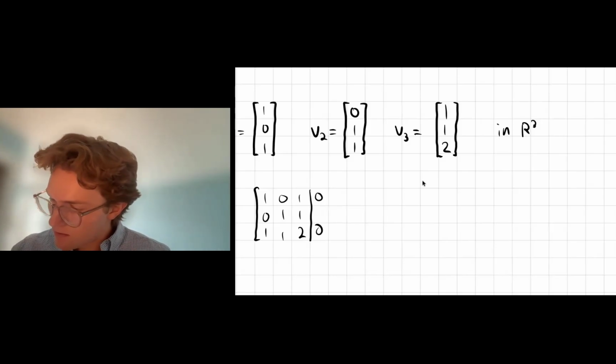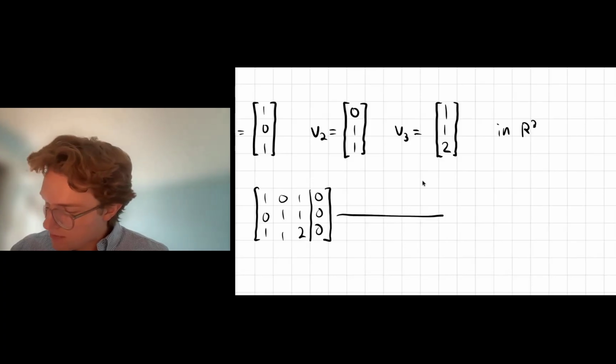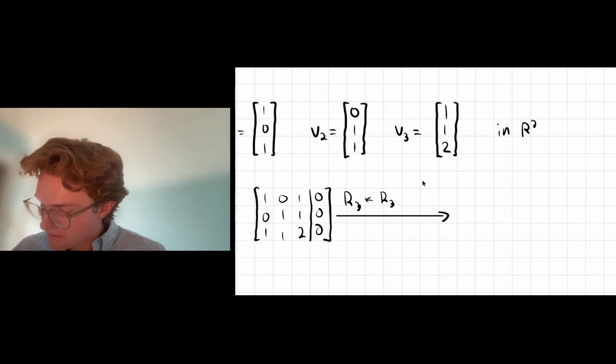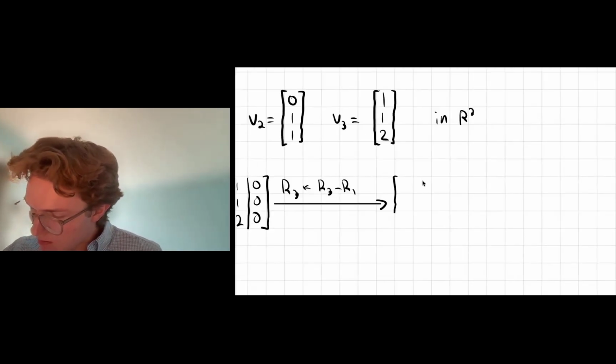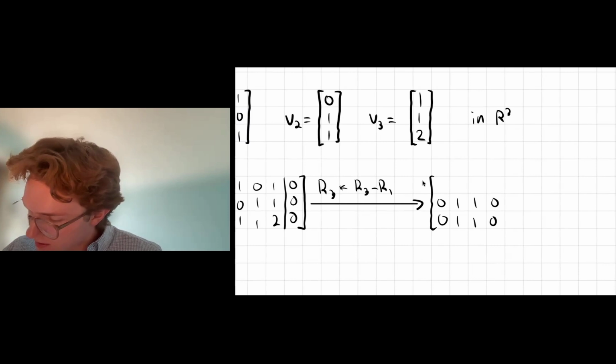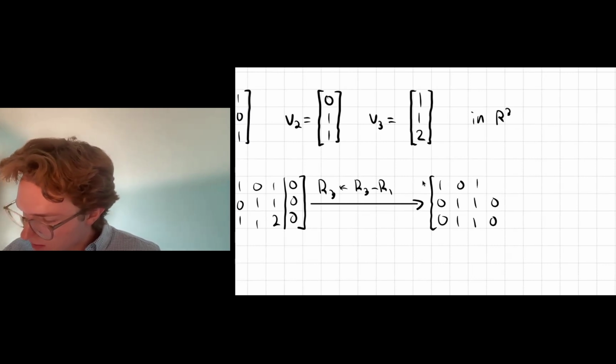Okay, so the first step is let's do row 3 minus row 1. This will get us a 0 in that corner, which is awesome. And the other values will stay the same, as we didn't do anything to affect those rows.